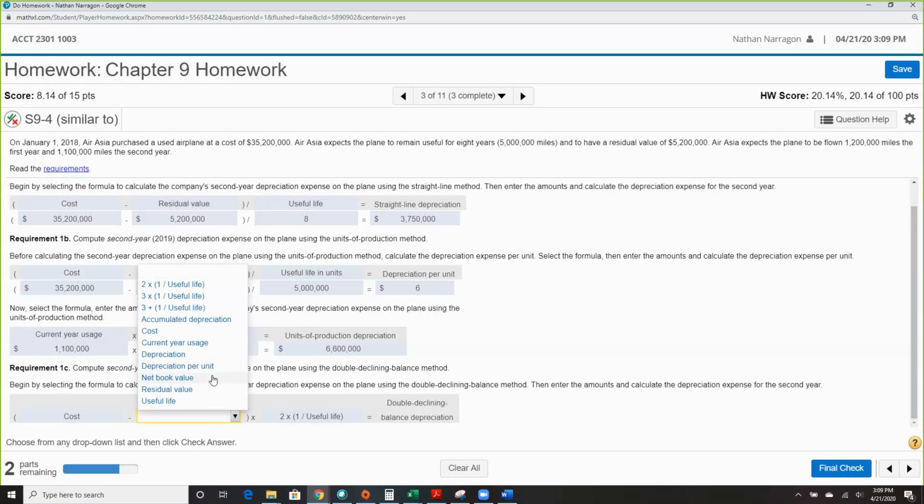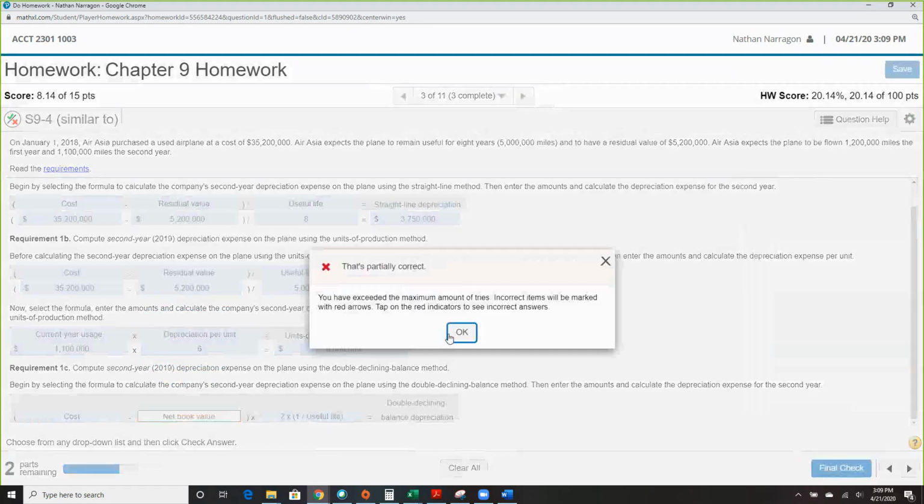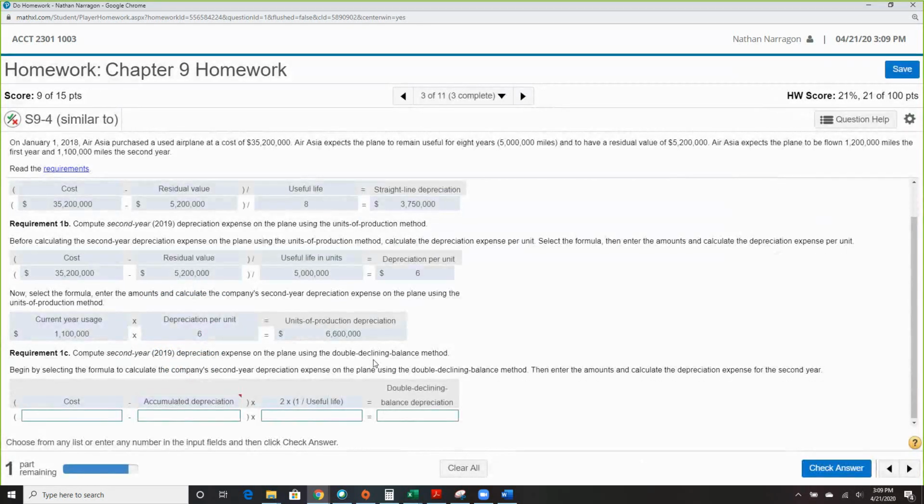Oh, minus accumulated depreciation. Oh yeah, book value. That's what happens when you're not feeling good. Alright, well, there we go. Sorry guys.